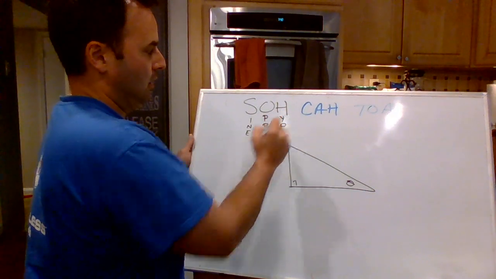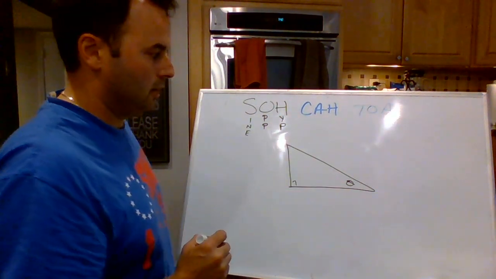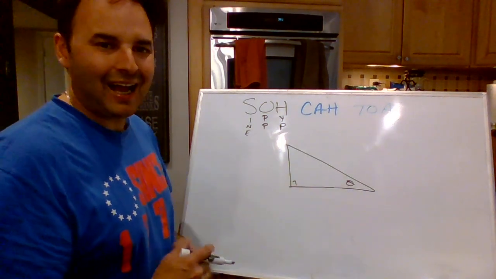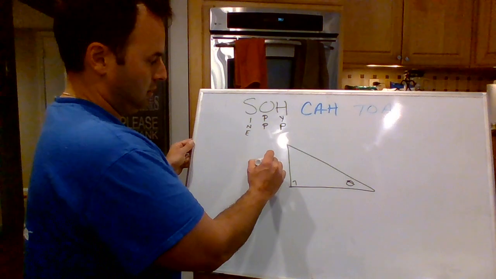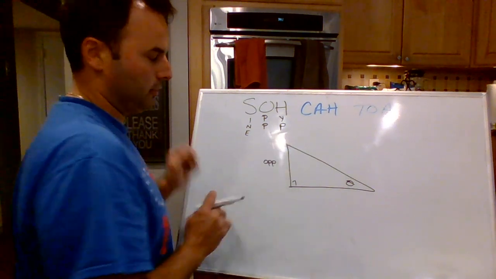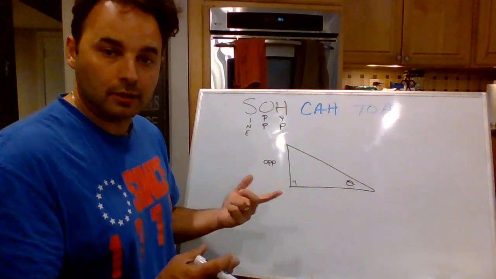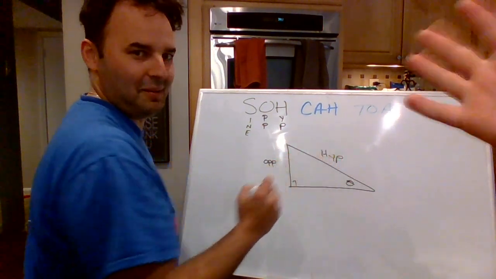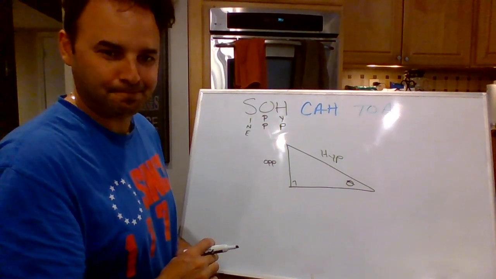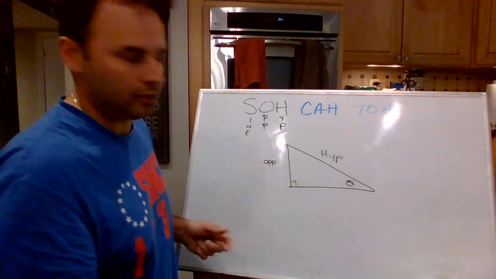Opposite over hypotenuse. Well, let's look at theta. Which side is opposite? Well, here's opposite. What is the hypotenuse? There's only one hypotenuse in a right triangle. Hypotenuse. Okay?